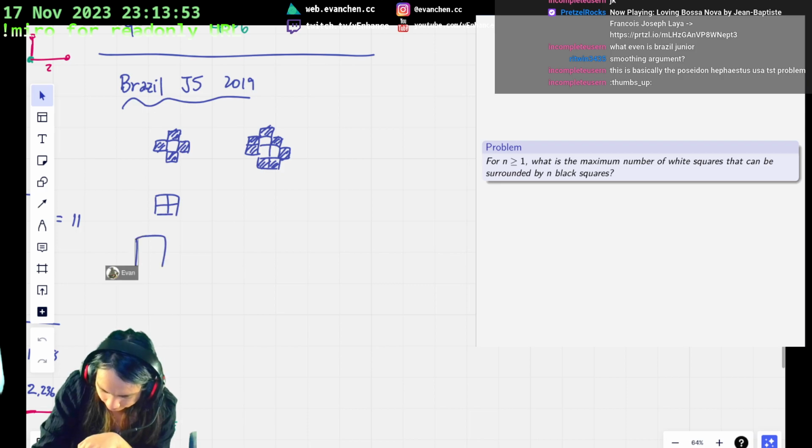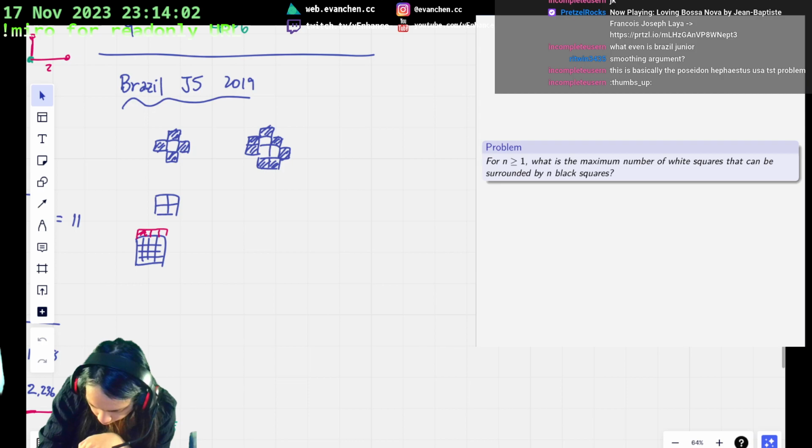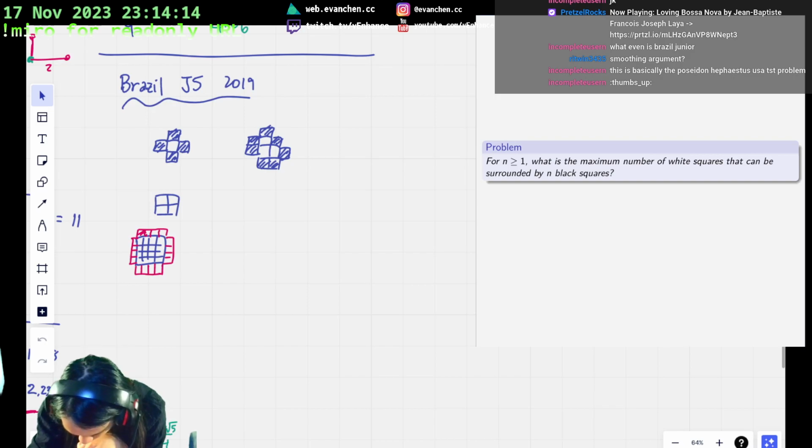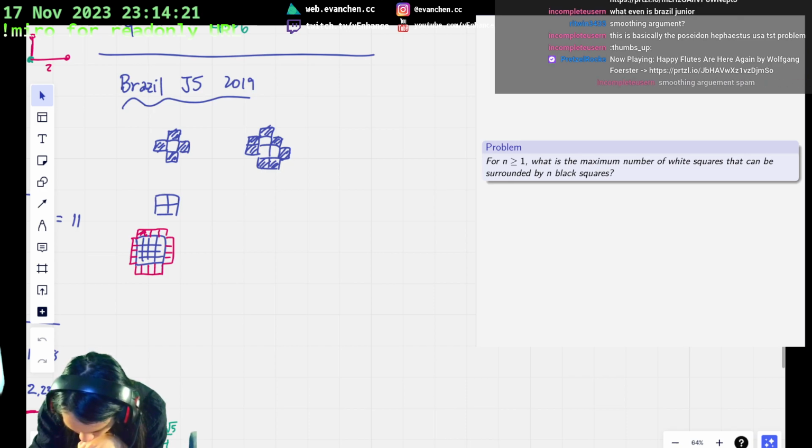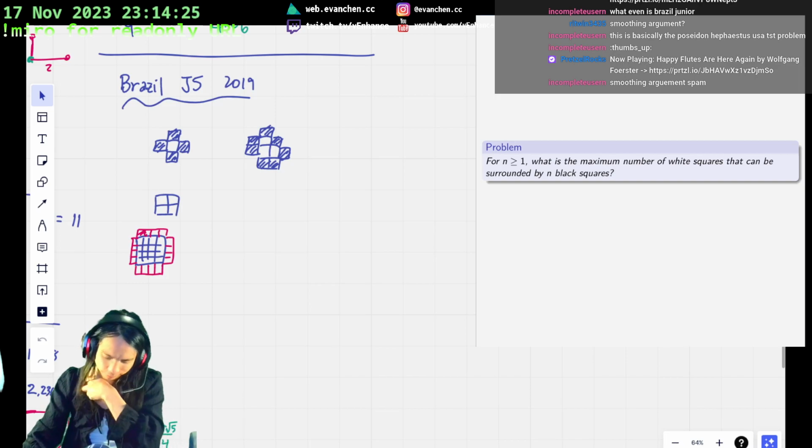So, for example, if the number of black squares is a multiple of 4, you can do this thing where you enclose an n by n square. I don't even know if that's actually optimal. I mean, there's these 4 corners that are.